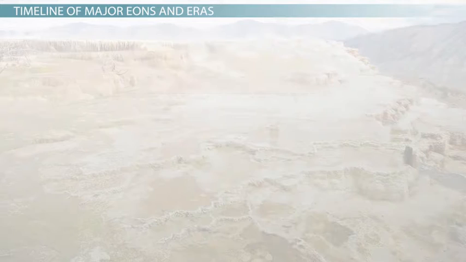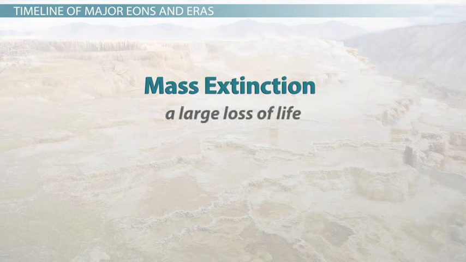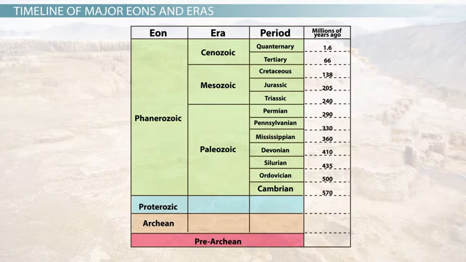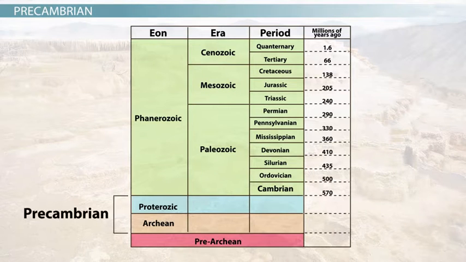Some of these eons are separated by a mass extinction, that is, a large loss of life, while others are separated by a great increase in the diversity of life. These decreases and increases in diversity may have been caused by different things, but nonetheless, they help define periods within Earth's history. The Precambrian groups together both the Archean and Proterozoic eons and lasted about 4 billion years.